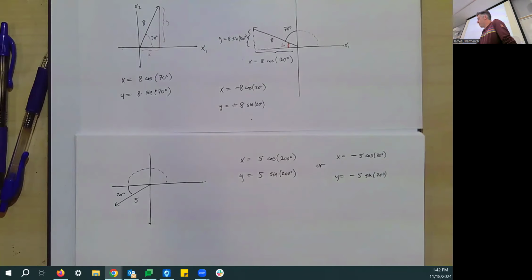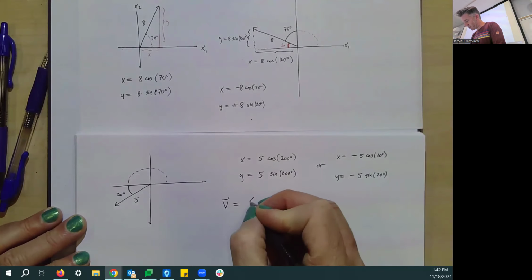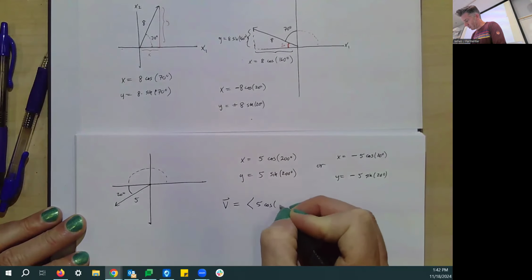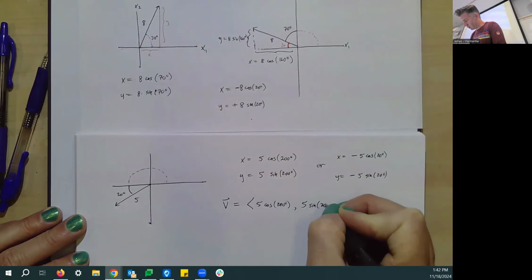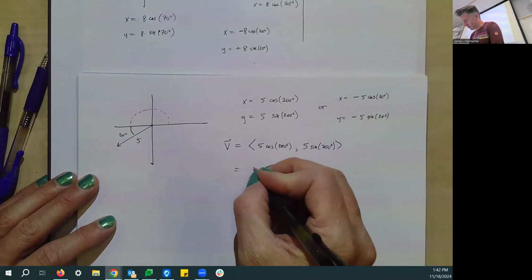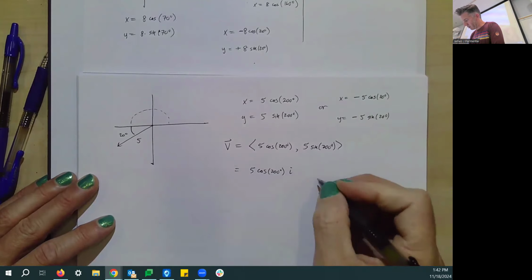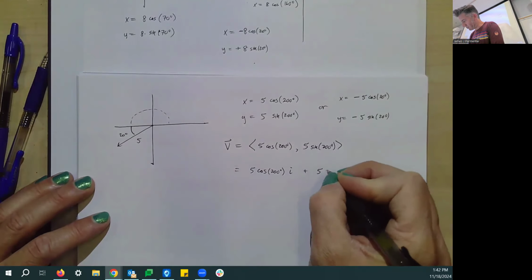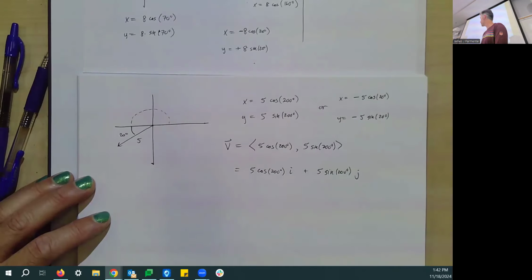And if we were writing these as vectors, we would say that our vector here had component form 5 cosine of 200 degrees, comma 5 sine of 200 degrees. Or if you wanted, you could write it as 5 cosine of 200 times the i unit vector plus 5 sine of 200 degrees times the j unit vector.